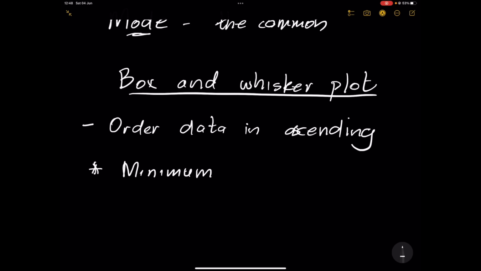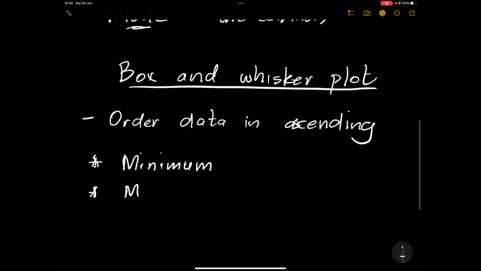And of course, we're going to find the maximum value. Those are the 2 values that we, first of all, are going to look at. And then we're going to look for the other values.